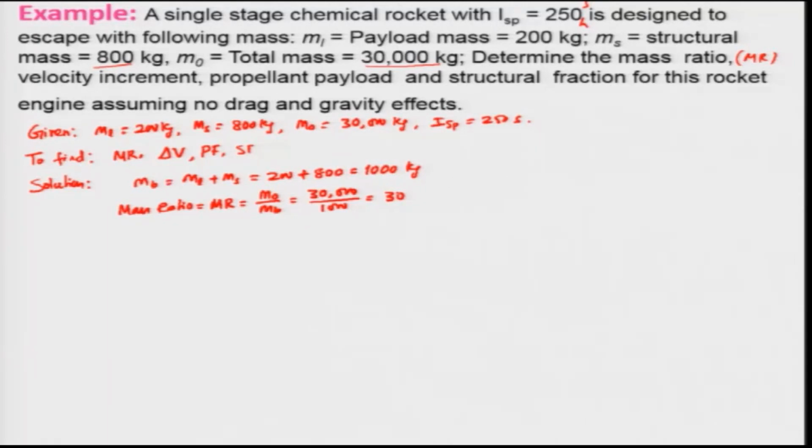So, we need to find out the propellant fraction. The propellant fraction P_f is equal to 1 minus 1 divided by MR, that happens to be 1 minus 1 by 30, which is equal to 0.966.